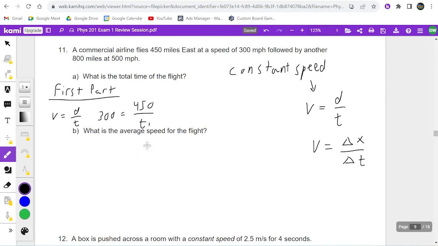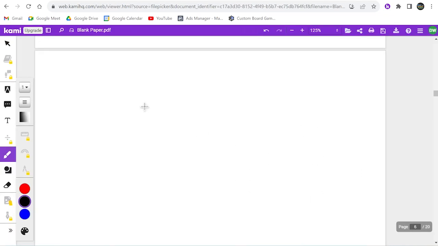I'm going to call this t1 because it's the first part. And using algebra, which I'm assuming I don't have to explain, but please stop me if I'm assuming wrong, you can solve for t1 and you get 1.5 if you do it correctly. So that's the first part of the trip, 1.5 hours. Now, for the second part of the trip, it says we're traveling 800 miles at 500 miles per hour. So this is the second part.